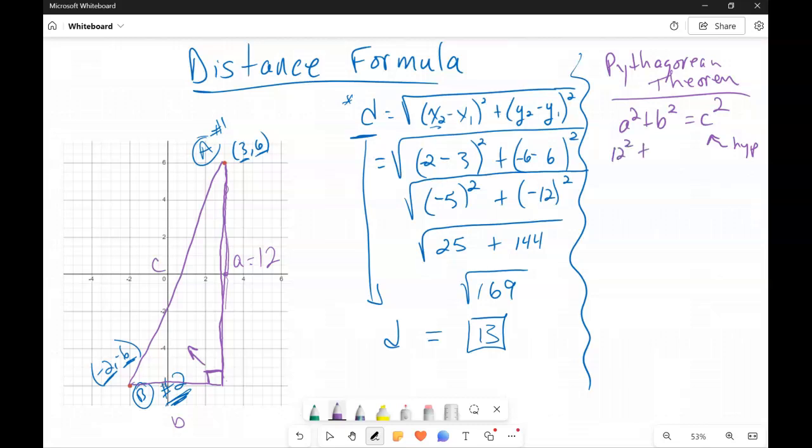My B value is the distance here, and that distance would be from 3 over to -2, which is a distance of 5. And we're trying to find c squared. So notice what happens. 12 squared is 144 plus 25 for 5 squared equals c squared.